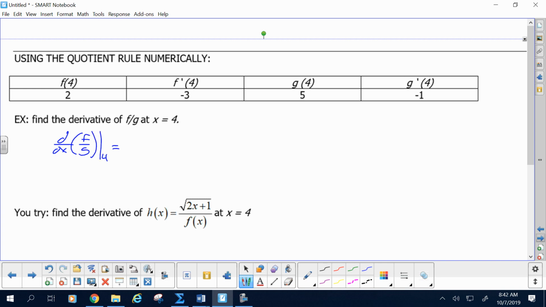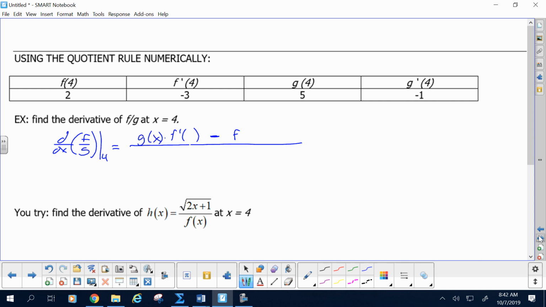All right, so here we go. As always, first get your basics down, what you're going to do, then put in the table values. Do not just start putting in table values. So my quotient rule: low, g of x, d high, f prime at x, minus high, f at x, d low, g prime, over g of x squared.